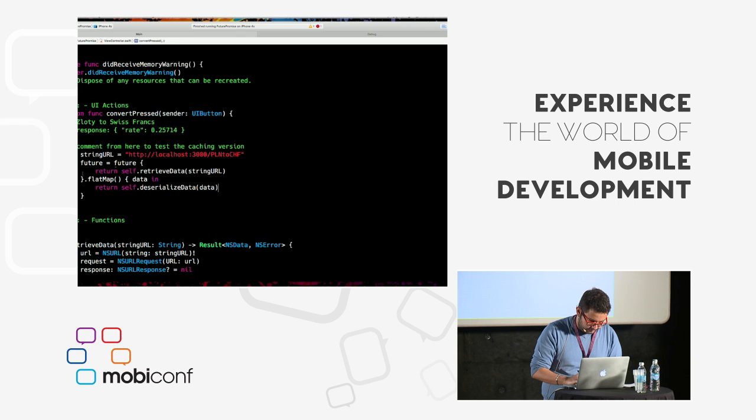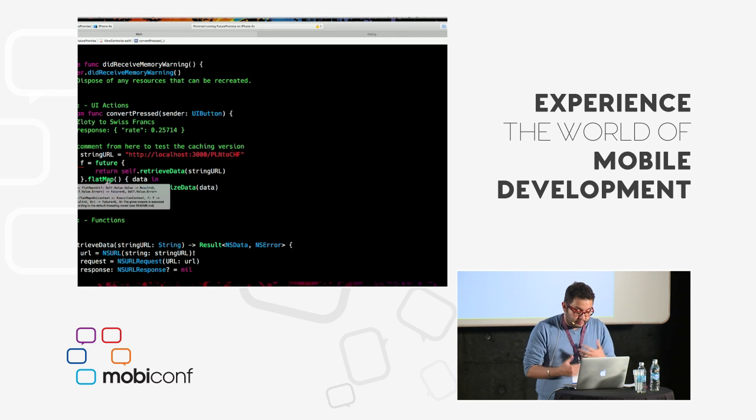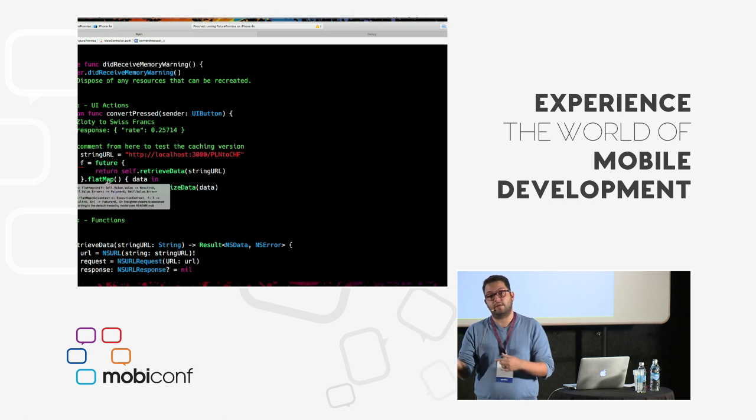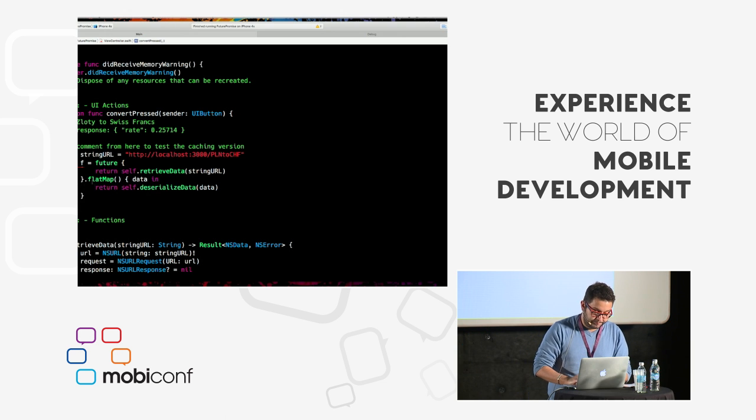Okay. So now the type of this future is very small. It's a future of string-any object and an error. And this is exactly what I want to return. flatMap says that it takes the given function, processes it, and returns the value. If not, it goes through the error path. So I don't have to care about that.